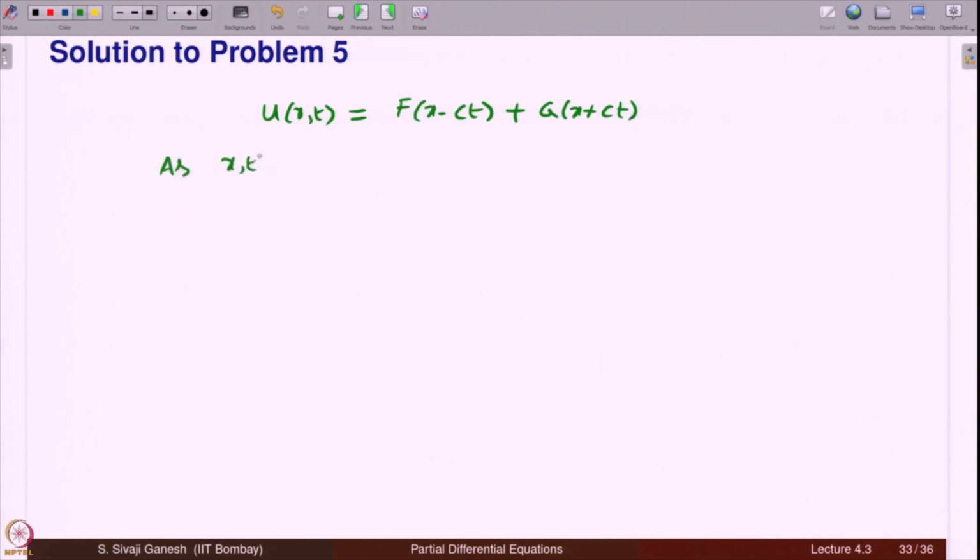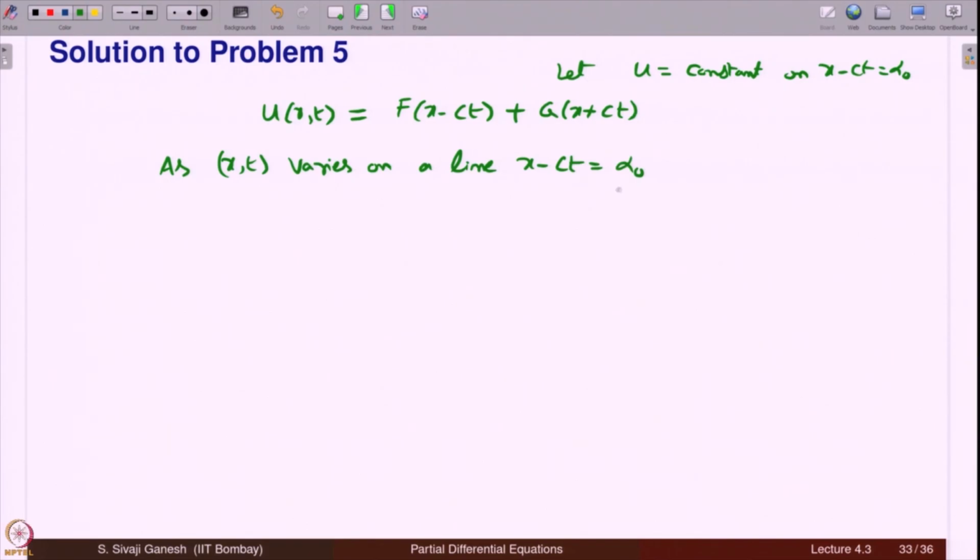Now, as the point (x, t) varies on a line x minus ct equal to alpha naught, let us assume that u is constant on x minus ct equal to alpha naught. We are going to show u is constant on any line x minus ct equal to alpha, for any alpha also.